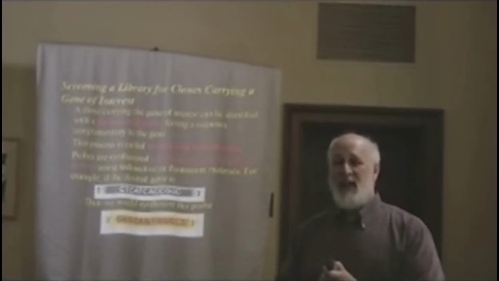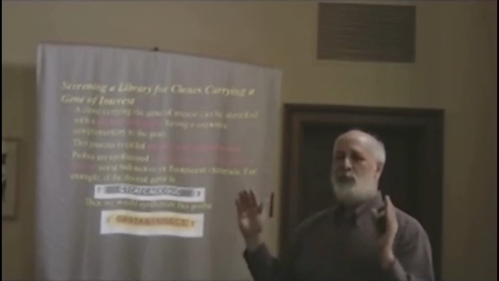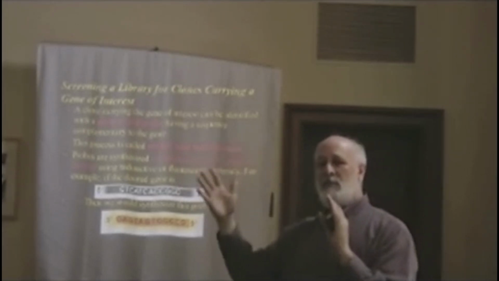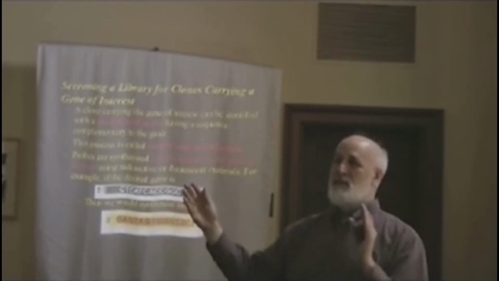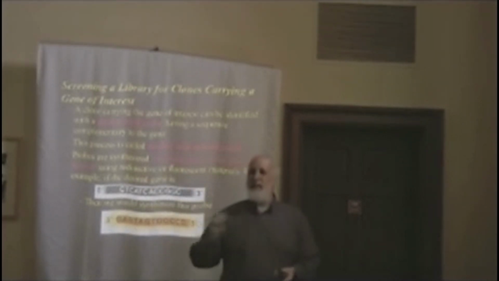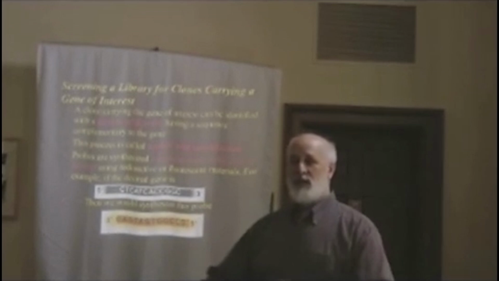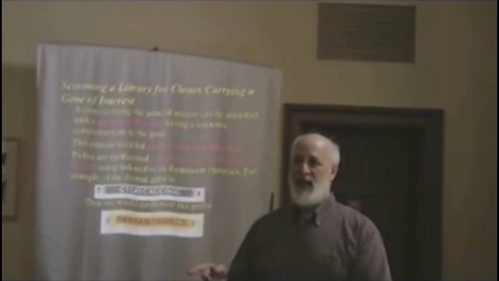Okay, now if you want to find a specific gene, if you know at least some portion of its code, you can make then a complementary piece of DNA, or actually RNA, something complementary that will match up. So, for example, we have C's always match with G's, T's with A's, C, G. So you make a complementary piece of nucleic acid, and you can use radioactive materials to create that probe, or you can tag it with a fluorescent dye.